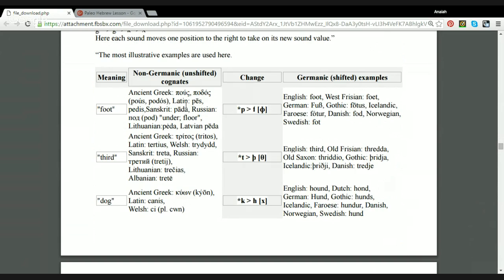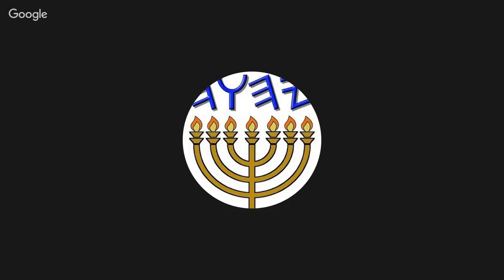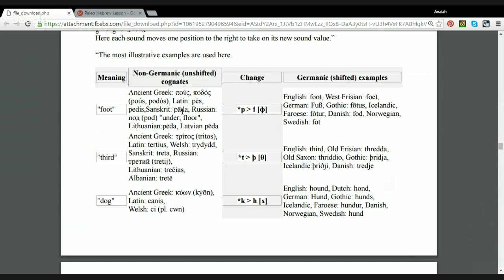Latin is P-E-D, pedis. Sanskrit is pada, P-A-D. And Russian, pod.